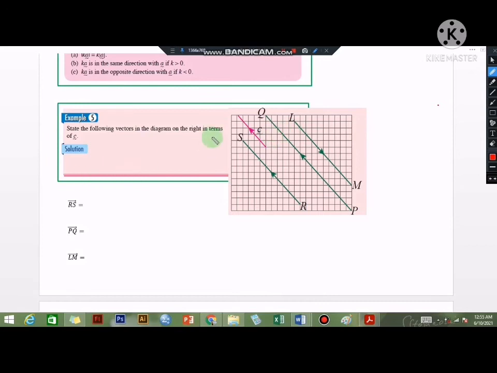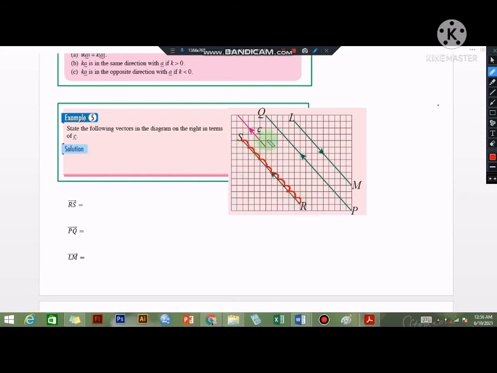Let's look at this one. Vector RS. The direction is the same direction, so you don't have to put negative. And then look at the number of units here. 1, 2, 3, 4, 5, 6, 7, 8, 9, 10. This one is 10 units.